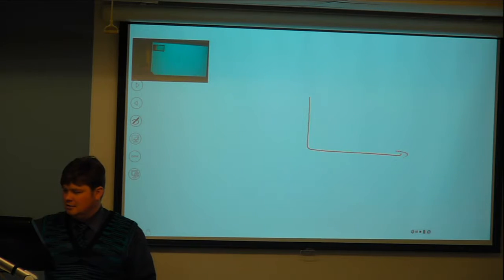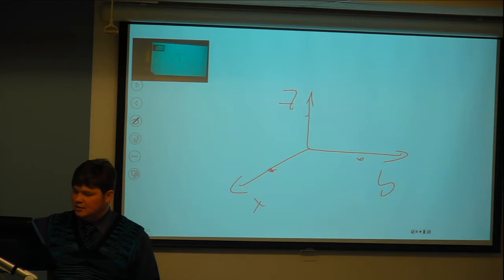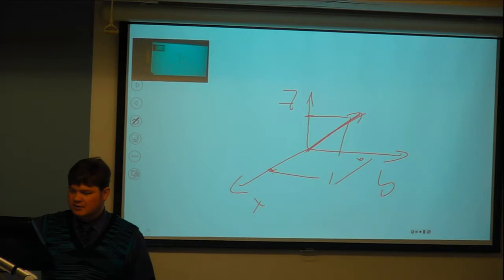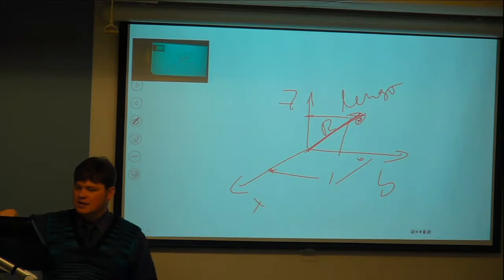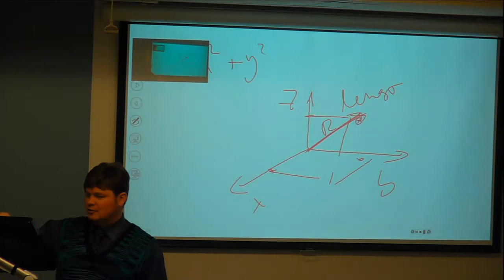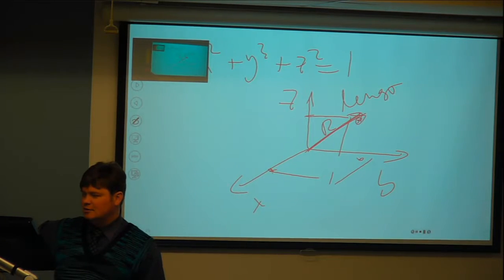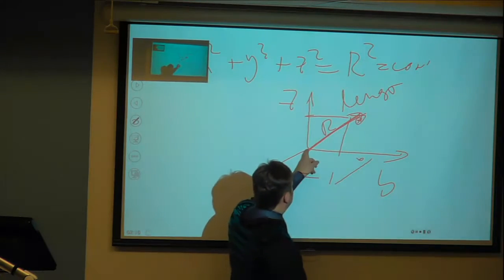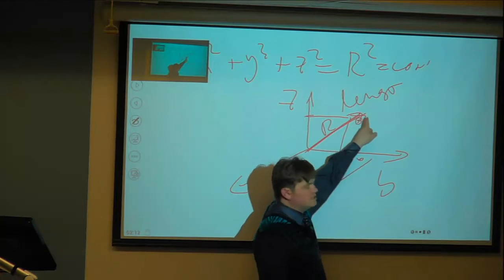If there are 3, like x, y, z, and you have so much in each direction, it will be a vector, right? x squared plus y squared plus z squared will be the length of the vector coming to this point. And if x squared plus y squared plus z squared equals r squared, a constant, then each point is offset from the origin by a fixed radius.